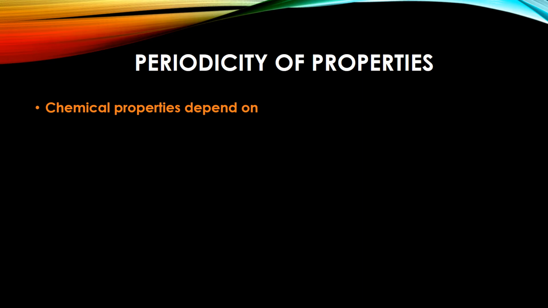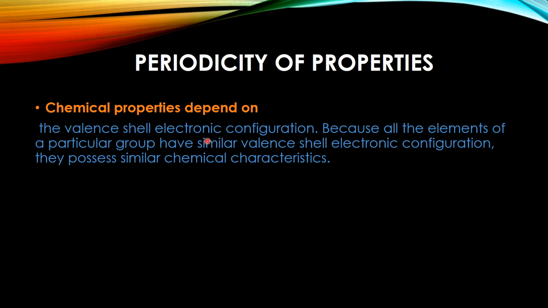It is the periodicity. So chemical properties depend on the valence shell electronic configuration. Because all the elements of a particular group have a similar valence shell electronic configuration, they possess similar chemical characters. So why are the chemical properties in a group the same?